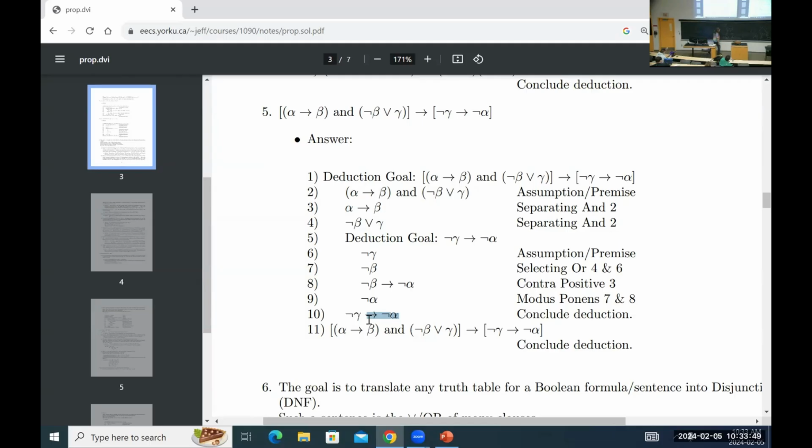Somewhere I had a slide and I think I removed it. Suppose I want to say A and B gives me C, and I don't quite know how to prove this.